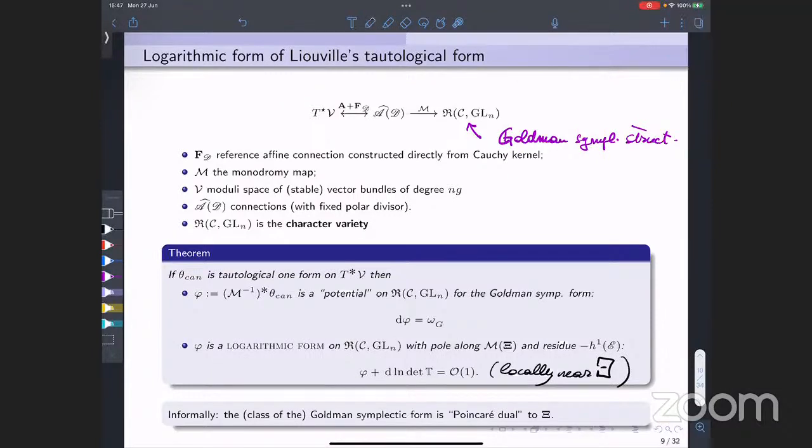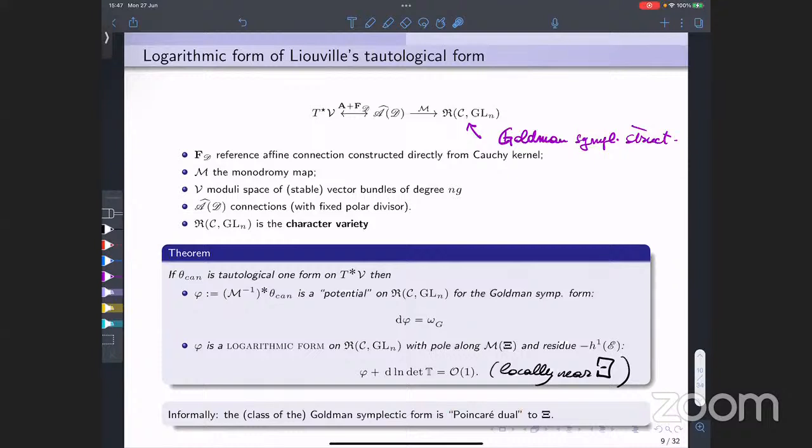So informally, and I say informally because I'm not sure how Poincaré duality works on this moduli space, I'm not that strong in algebraic geometry. This moduli space is a nasty object, and usually Poincaré duality is for compact smooth manifolds, so take it with quotes.